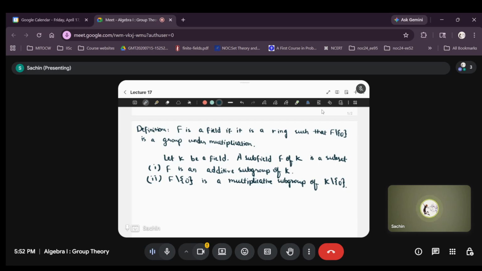So in the sense F is also a field, that's all. But it is a subset of K.